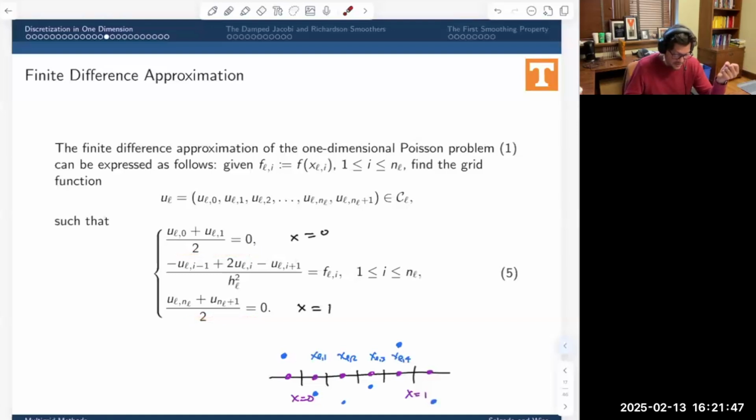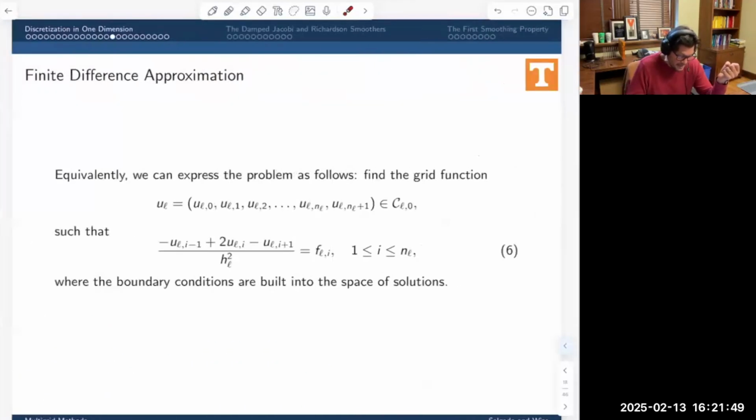I don't have to do anything extra. All I really have to do is enforce my 3-point stencil at all the interior grid points, which is those grid points with index between 1 and N. The boundary conditions are built into the space of solutions, a lot like they are when we deal with the finite element method. The boundary conditions are built into the space of solutions.